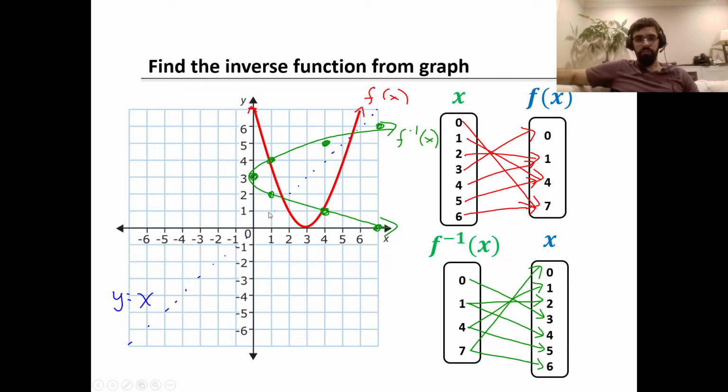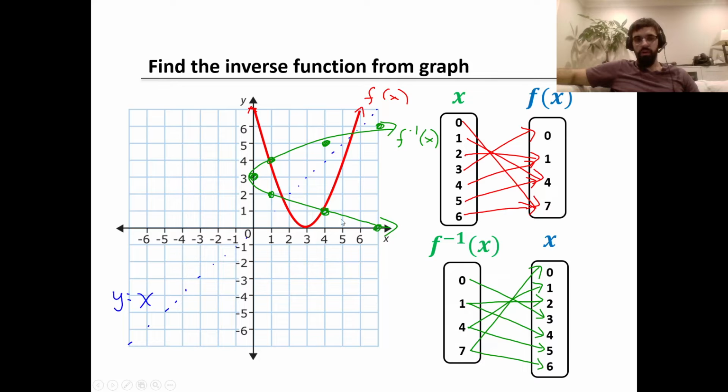2 gets mapped to 1 in f of x. So since 2 goes to 1 in f, 1 in our inverse function is going to go back to 2. So (1, 2), here's that point right there. And now if we keep going, (3, 0) is a point. 3 goes to 0, which means 0 goes to 3 in our inverse function. (0, 3) is right here.